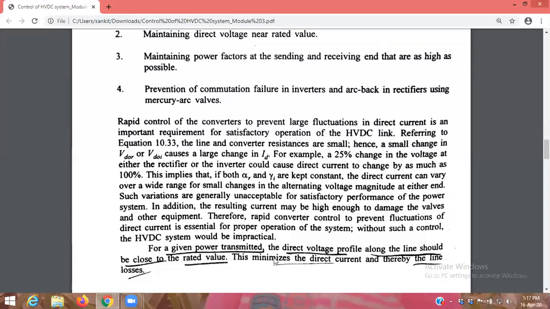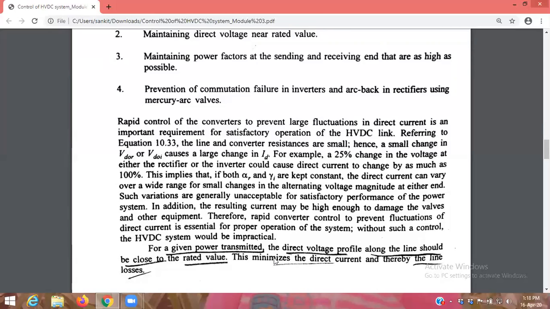So if the voltage across this converter terminal is much less than the rated value, there will be underutilization of this component, and that means there may be unnecessary heating or unnecessary losses in the system, and the performance will not be economic.